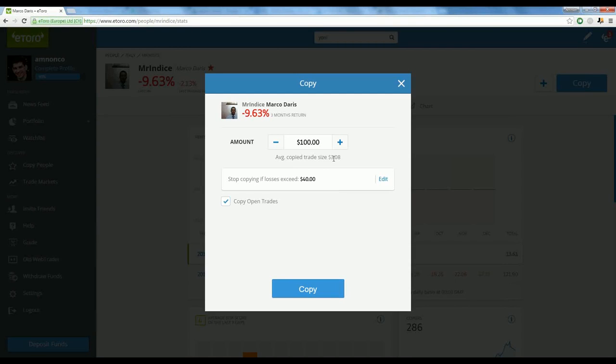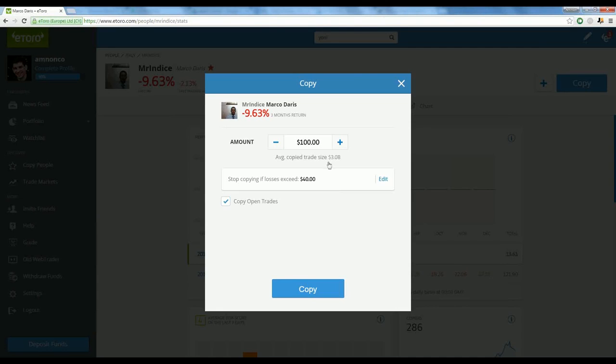That meant that some of the trades opened and some didn't, meaning the returns between you and the copied investor were not the same. So we decided to not allow copying someone with an average copy trade size less than $1.